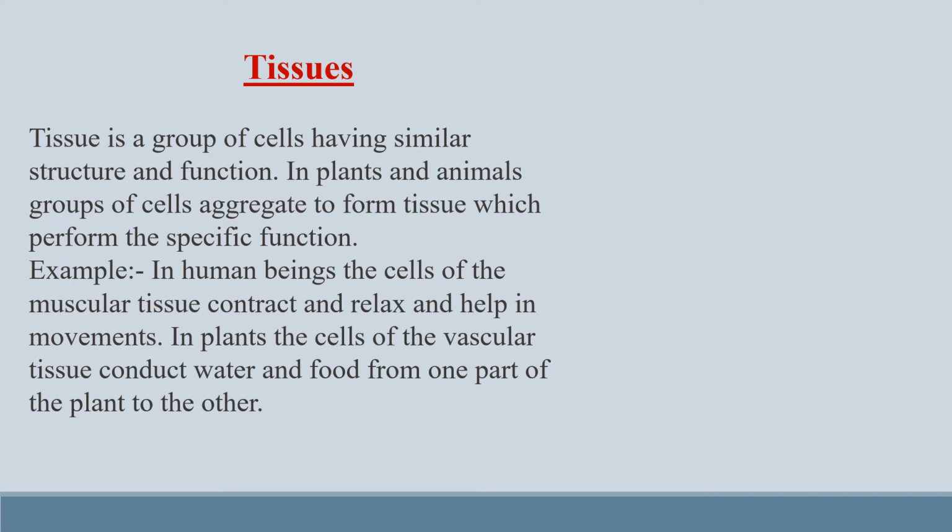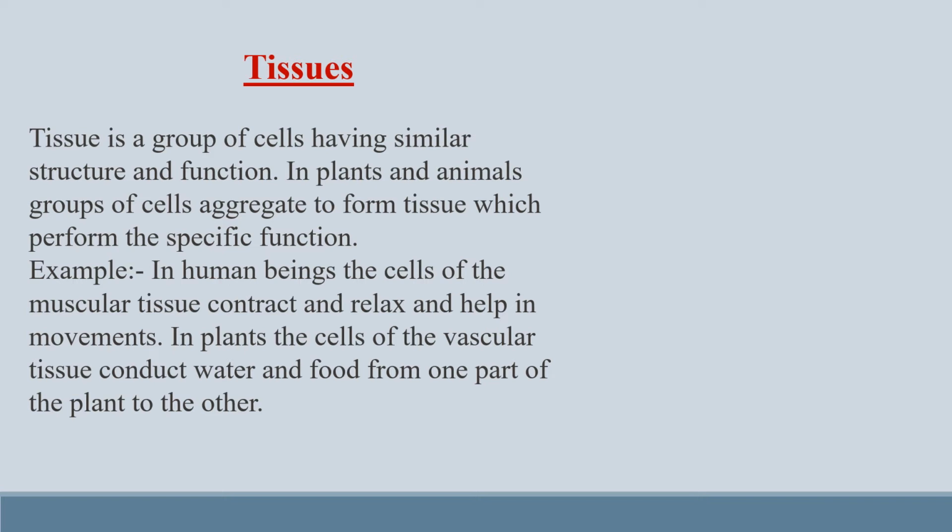For example, in plants and animals, cells are grouped to form tissues. In all animals and plants, there are different types of cells, and cells with similar functions form tissues.